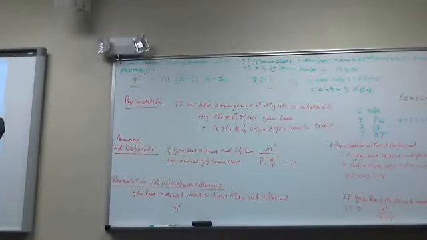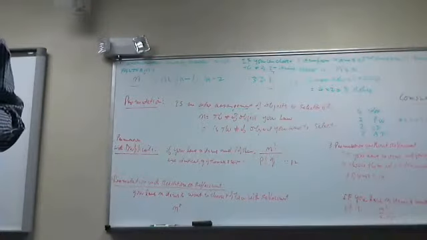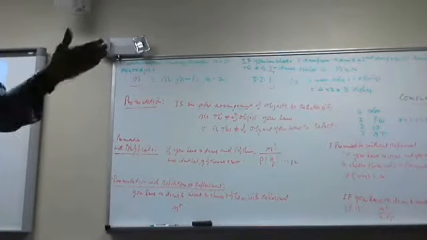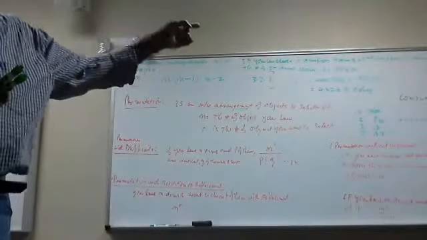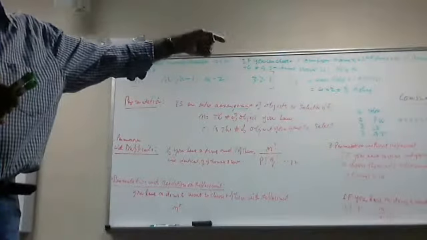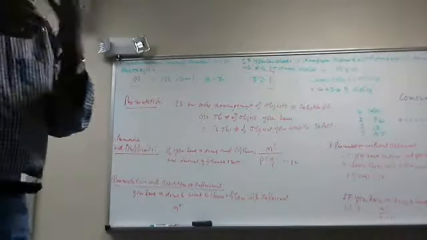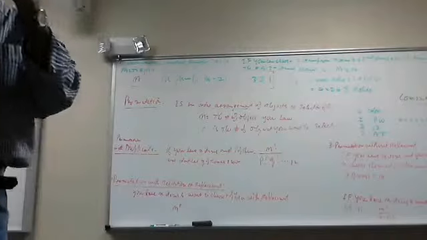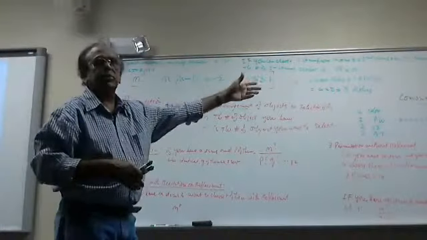Now, on the other hand, we have the term called combination. Combination is a selection of objects or ordering of objects where the order is not important. The way you select them, order is not important. So that is the difference between permutation and combination.